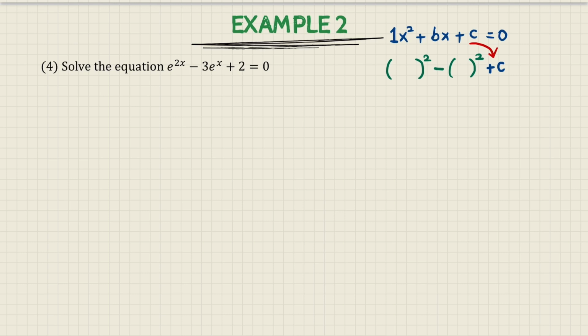What do we fill in the first bracket squared? We have x and we have b. The rule is that we always divide by 2. So here we have x plus b over 2, and in the second bracket we use b over 2, just copying what is here. So x plus b over 2 squared minus b over 2 squared plus c.